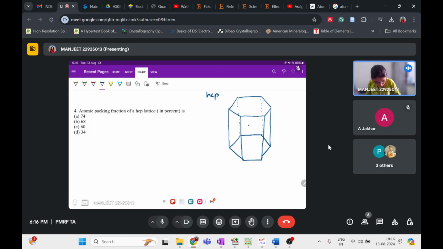There will be 3 atoms at the center at a distance of 1 by 2, and one atom is present here. It is not a proper diagram, but you can visualize. Here are my atoms.